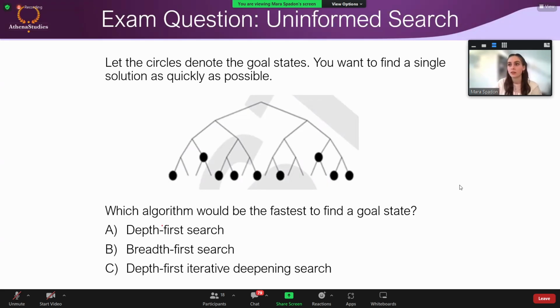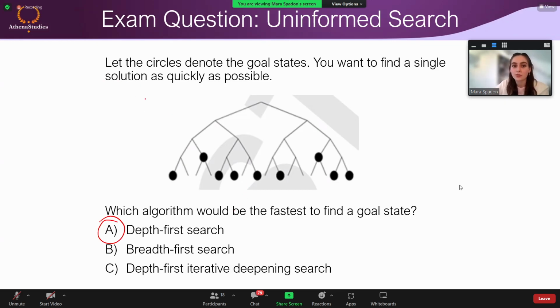Okay. So I'm seeing a lot of answers right now. I see a lot of A. I see some people saying B. And the answer is indeed A. So great job if you got that one. So let's look through it together.